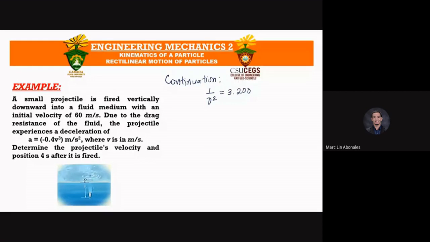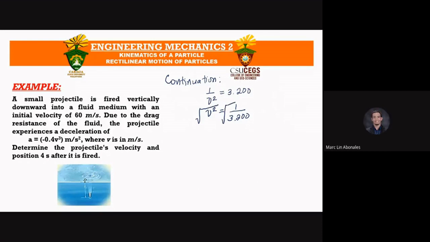So, what happens if you interchange the position? This will become v squared is equal to 1 over 3.200. Then, after you rearrange, you take the square root of each side of the equation. So what happens?